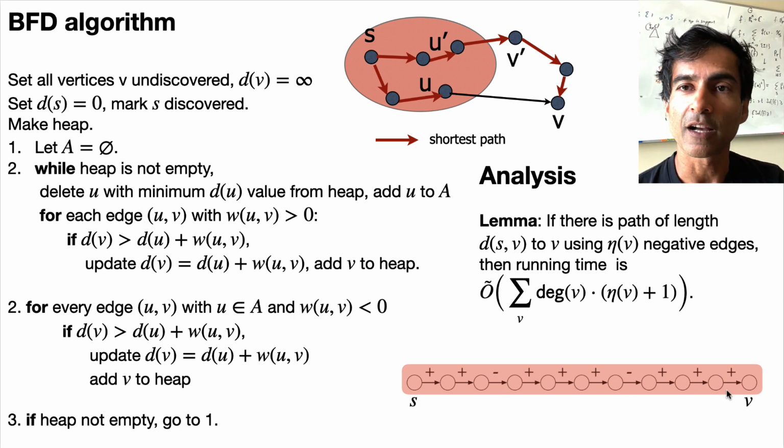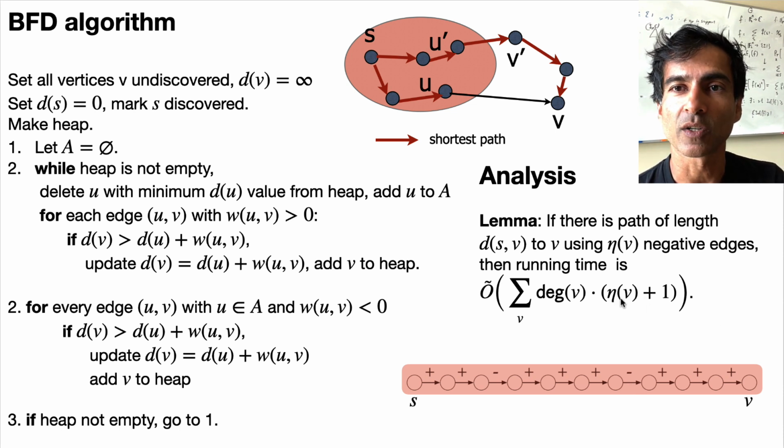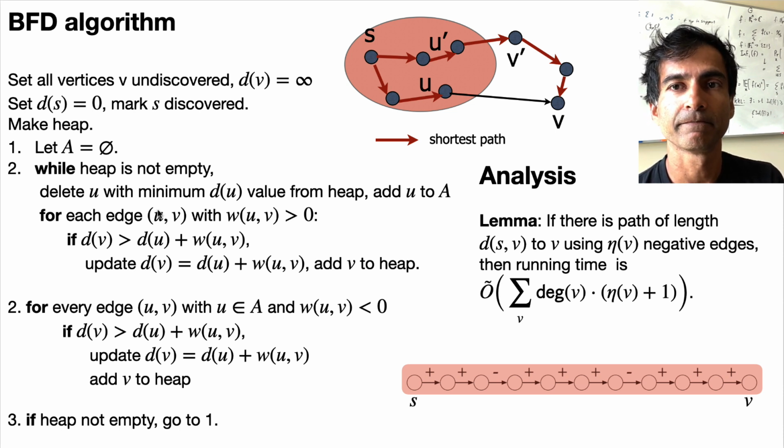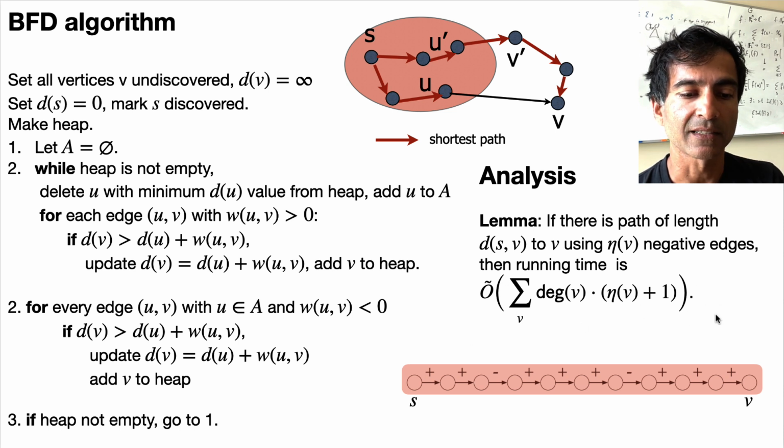It's the number of rounds before it gets the correct d value, and that's bounded by eta v plus 1. After eta v plus 1 rounds, the vertex no longer participates. And every time it does participate, it contributes degree of v to the running time of this algorithm. So that's why the running time looks like this expression.